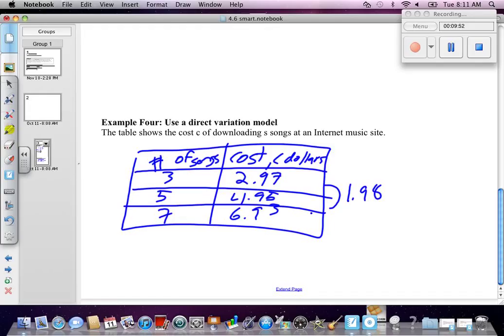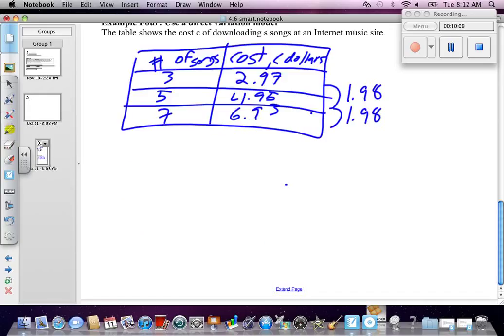Okay, is it the same? $6.93 minus $4.95, I went up 1.98. Hey, it goes up 1.98 each time, but I go from 3 songs to 5 songs, and from 5 to 7.